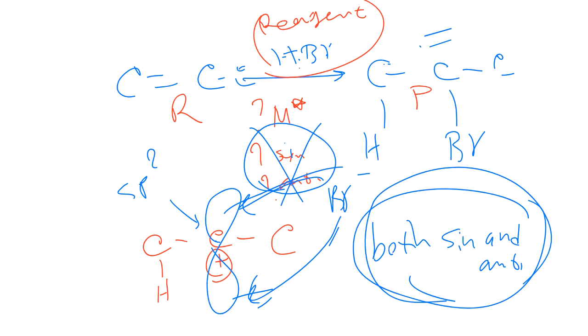Okay, now we have looked at addition of water, addition of HBr, and addition of HBr with peroxide also. For addition of HBr with peroxide, we have a carbon-carbon double bond and we are going to add the alkyl peroxide and HBr.